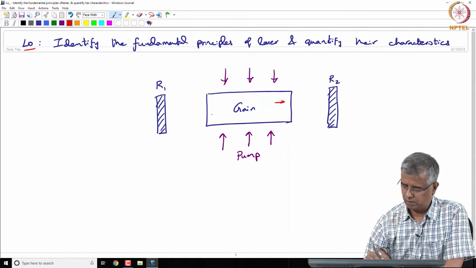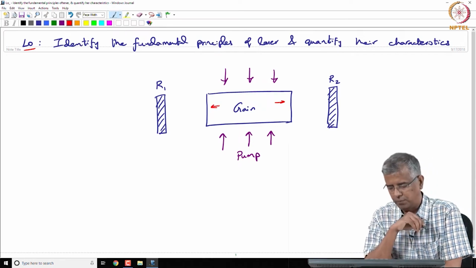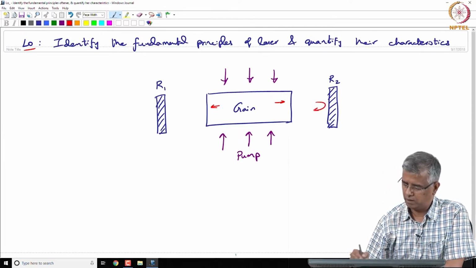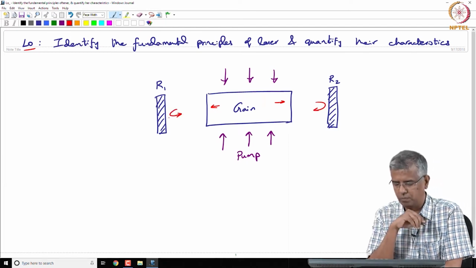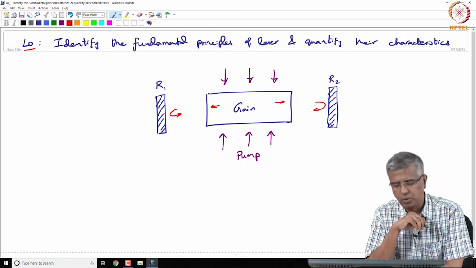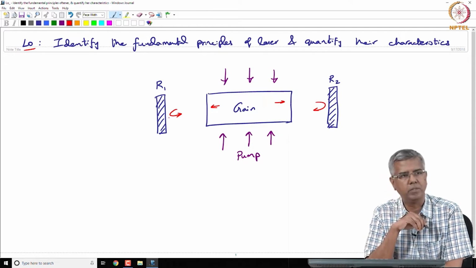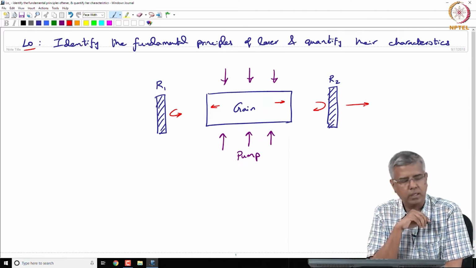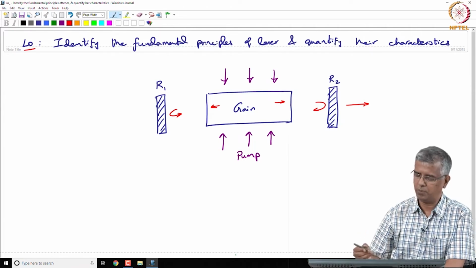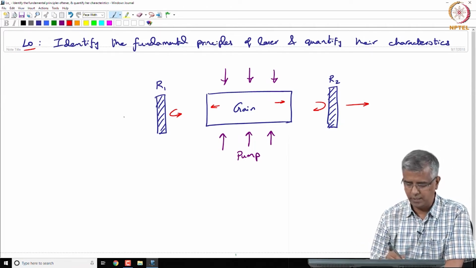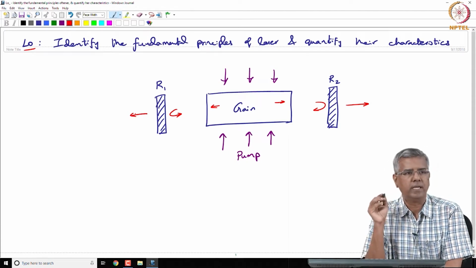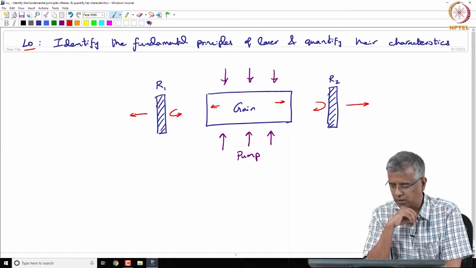When you have these excited ions initially providing spontaneous emission, and then with feedback from either end, you are able to get stimulated emission, and then we get laser output. The laser output could be from just one end, or it could be from this end also. It depends on the relative reflectivity of the two mirrors.